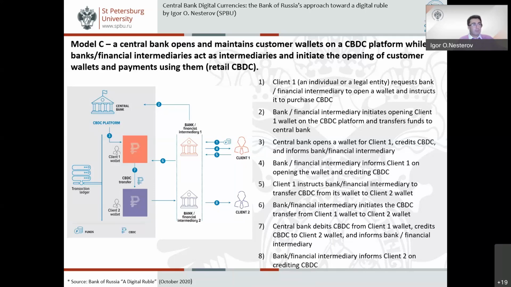And there is another quite important function for banks in this model: special checkup procedures in relation to clients, like anti-money laundering, combating financing of terrorism, and proliferation of weapons of mass destruction procedures. So all these procedures will be entitled to central banks. As a result, the function of banks will transform to, let's say, technical functions.